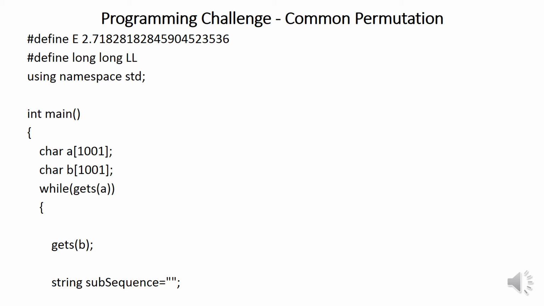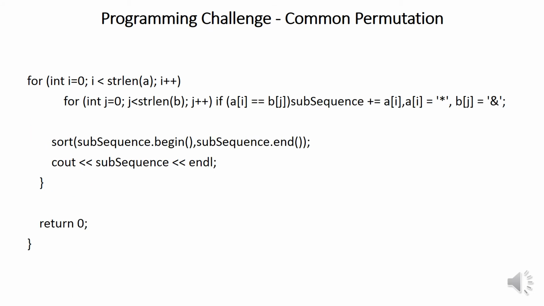Okay, so here we will take a third subsequence, which is also of string type. Students, in the first for loop we will execute up to the length of a, and in the next for loop we will execute up to the length of b.